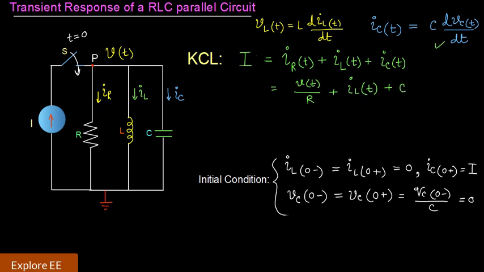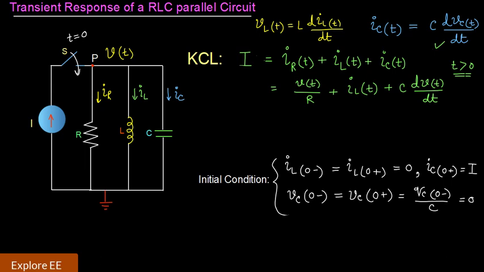So let us write it here as C times dv(t)/dt, since v(t) is the voltage across the capacitance also, for this parallel combination, and this expression is true only for t greater than 0.